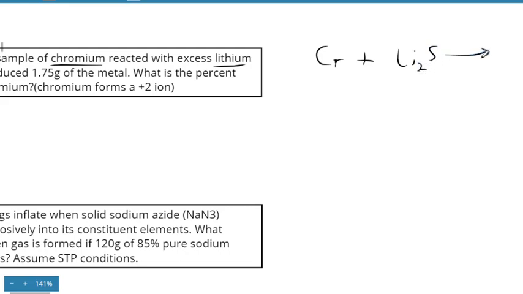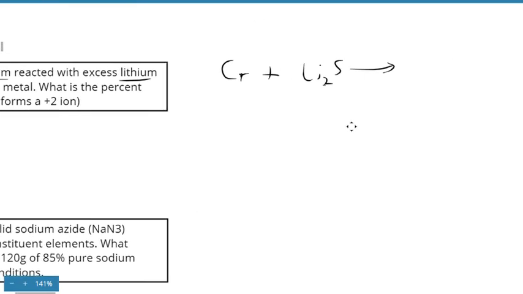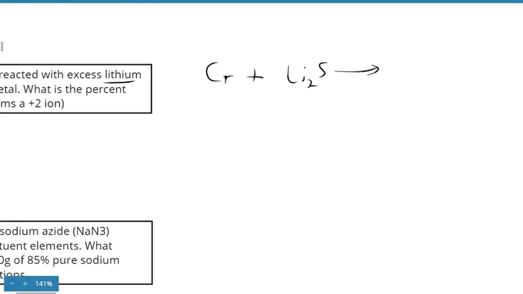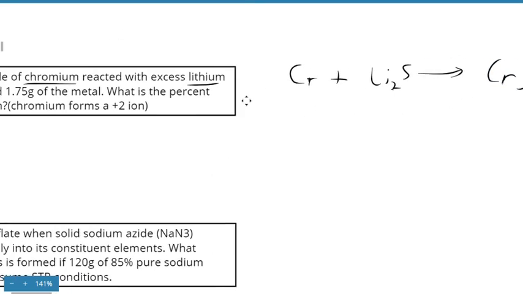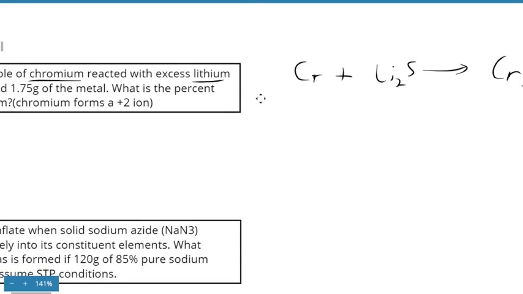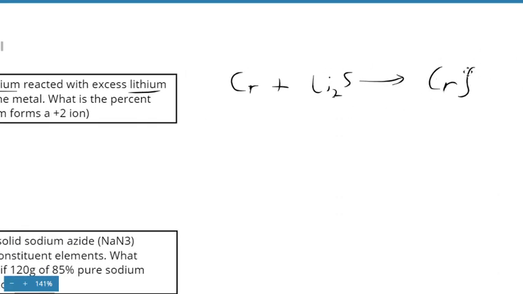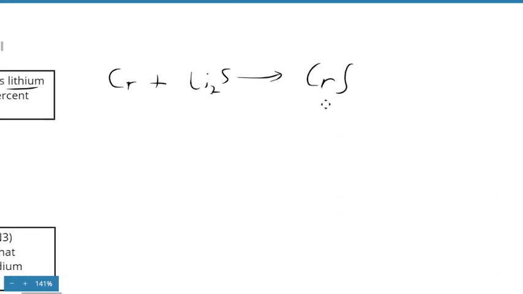Then the only reaction that can occur from this is a single replacement, so that would make CrS, because it says here it forms a +2 ion, and S is -2, so we have 1 of each, and then plus just lithium.